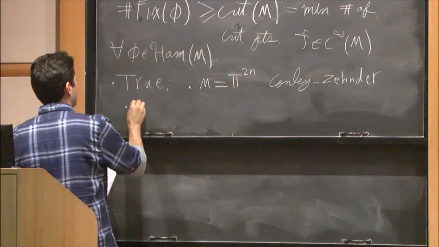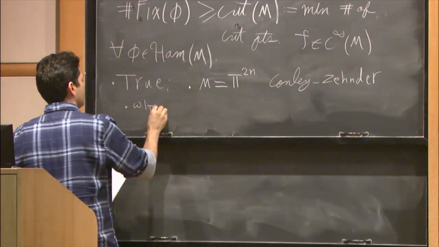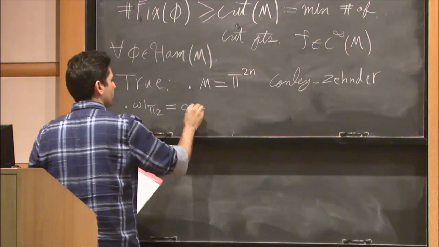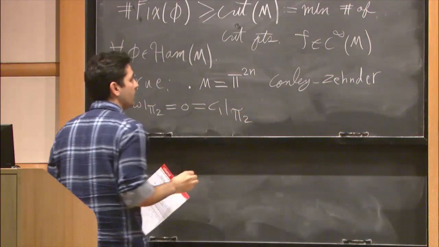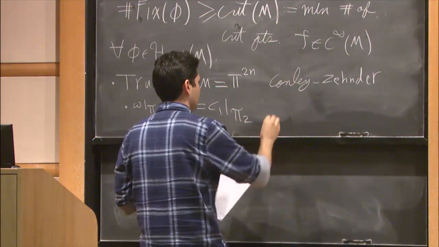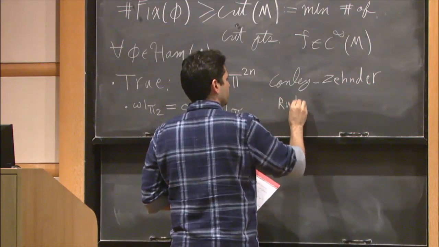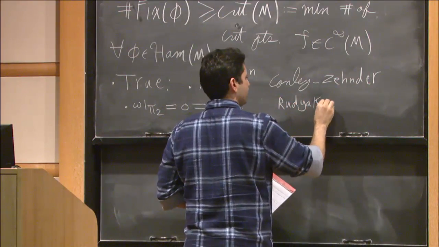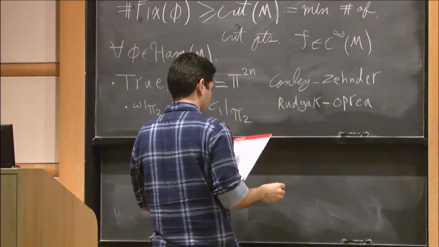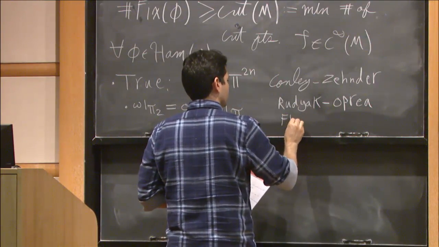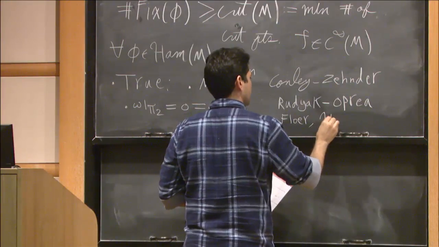More generally, if you have a symplectically aspherical manifold, so suppose omega and the first Chern class vanish on pi 2, then this case is written down in the paper by Rudyak and Oprea. They built on earlier works of Floer and Hofer.